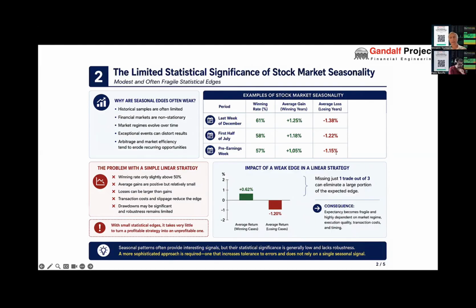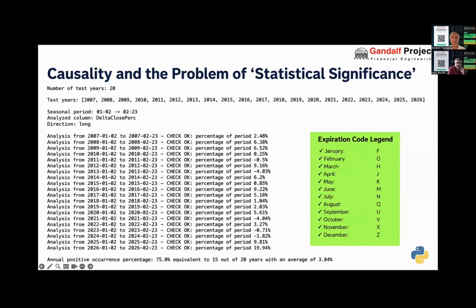So, just to continue, let's see why a traditional long stock approach struggles with weak seasonal signals and why directional errors become so costly. In this example, it's a quite clear example in which we have just 20 recurrences. What does it mean?